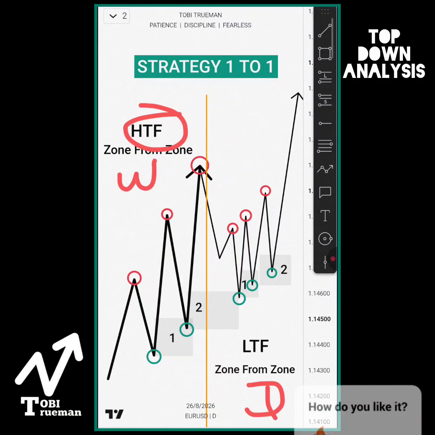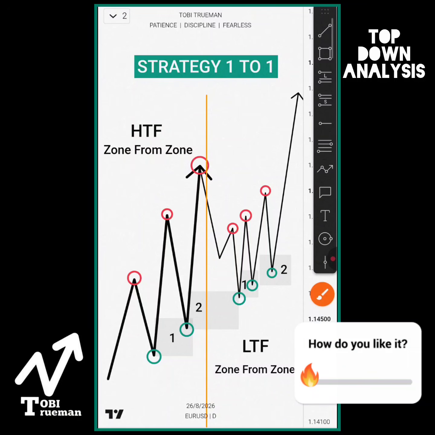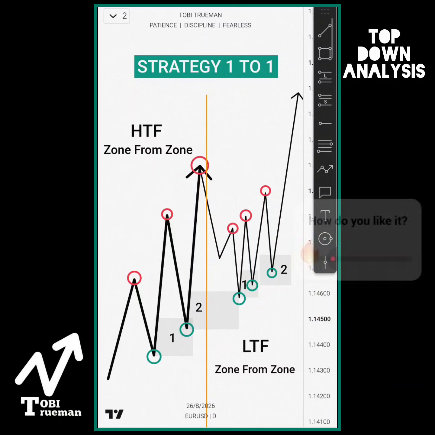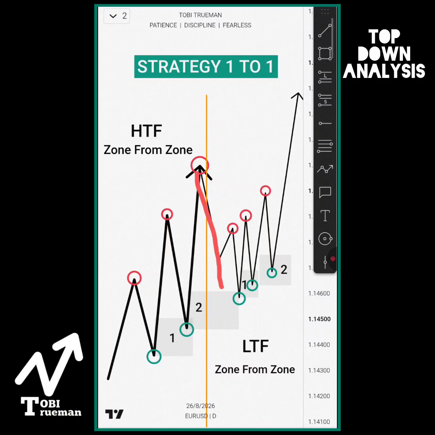Now on the daily, if we now have this type of structure whereby when price comes back into this zone 2, which is from a higher time frame of zone from zone 1 and 2, gives us a valid zone 2, and as such, in the lower time frame, if you now see another zone from zone, this is zone 1, price taps into it, takes out the previous high point, and then gives us a valid zone 2, we can now expect to take this market, to enter this market.